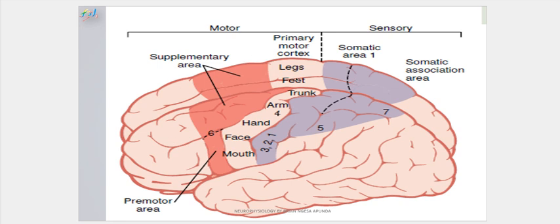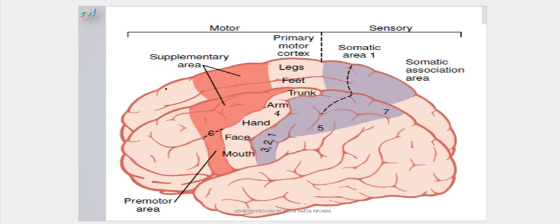We have the primary motor area, immediately anterior to the central sulcus. Anterior to it, there's a premotor area. So the premotor area is immediately anterior to the primary motor area. And we also have the supplementary area.